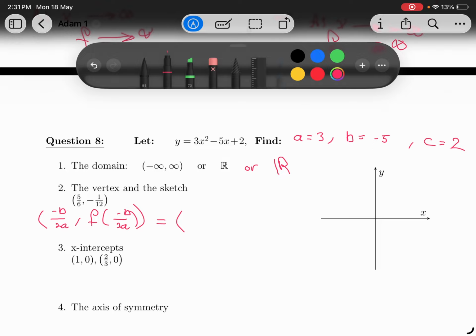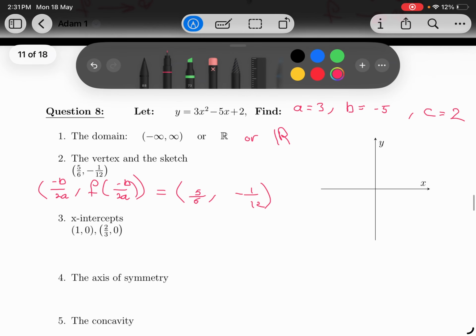So minus b over 2a, you can use your calculator. B here is given as minus 5, and we have minus over 2a, so it will be 5 over 6 in total, 5 over 6 along with minus 1 over 12. So how to reach this minus 1 over 12? I will tell you how to write this in your calculator, but I will clear that later to give myself more room. So it will be here f of 5 over 6, okay, equals 3.